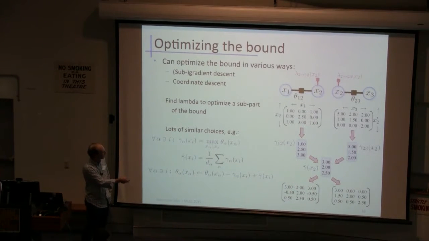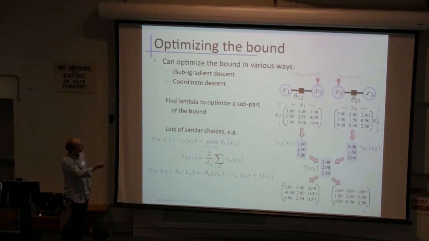So in this case, you see that it's exactly the same solution as before. If I take the optimum of this table, I get 3. If I take the optimum of this table, I get 3. And so their sum is 6, just like before. So this is a coordinate descent where I've directly minimized over the entire function lambda, but for some pair of factors.